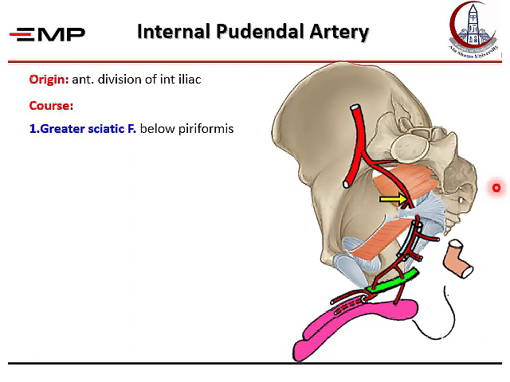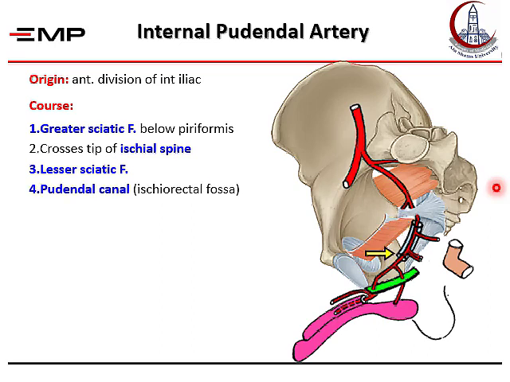It leaves the pelvis through the greater sciatic foramen below the piriformis, crossing the tip of the ischial spine, enters the perineum through the lesser sciatic foramen, and runs forwards till the posterior border of the perineal membrane through the pudendal canal on the medial side of the pudendal nerve.